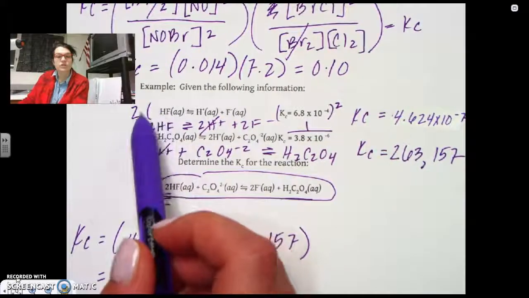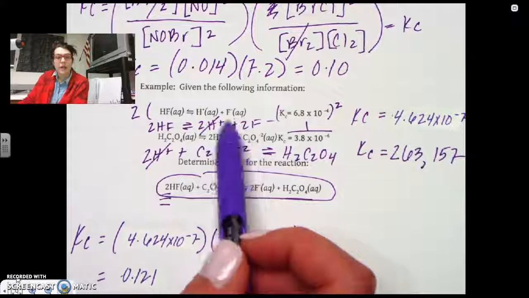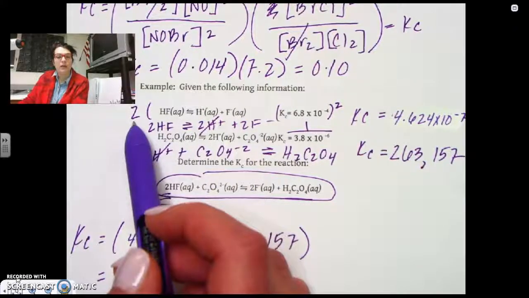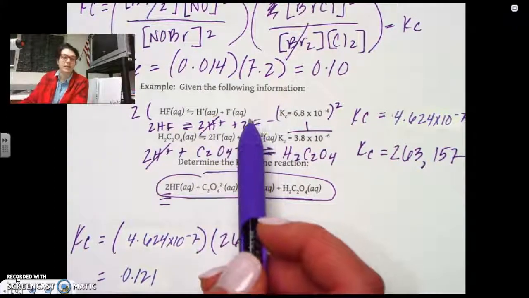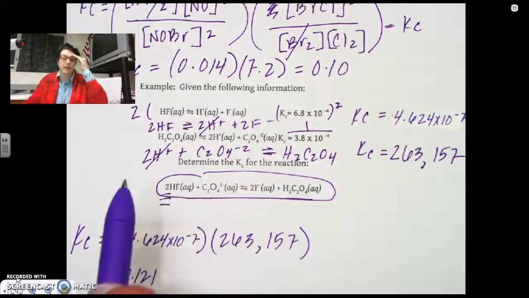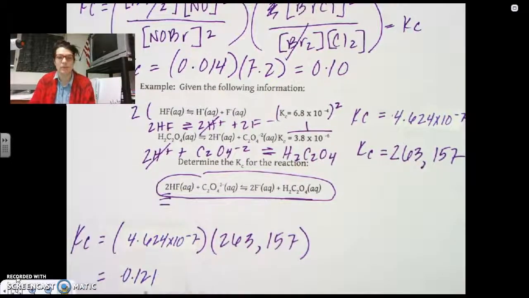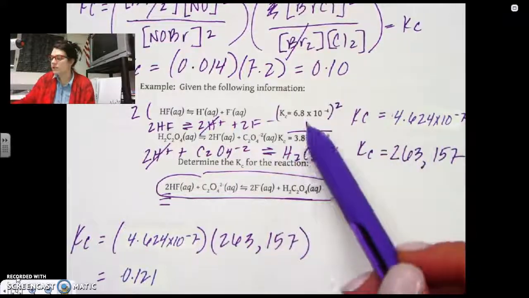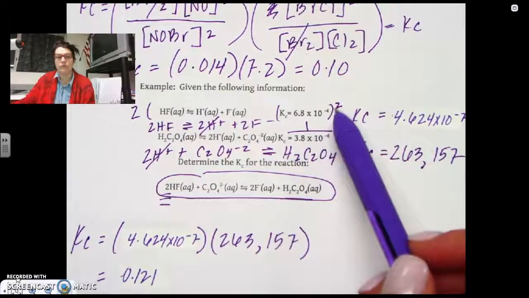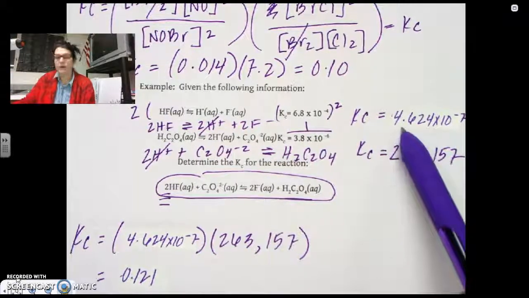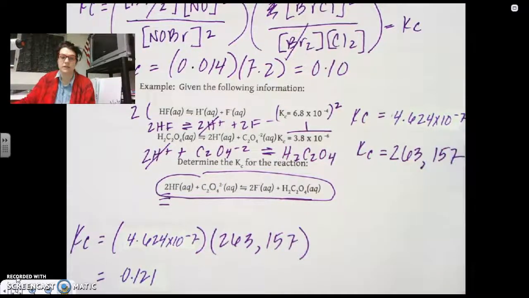So what you have to do is multiply all of your moles, and anytime you multiply your equation, instead of multiplying your Kc, you have to take it to the power by which you're multiplying the moles. So I would do 6.8 times 10 to the negative 4th squared, which gives me 4.624 times 10 to the negative 7th.